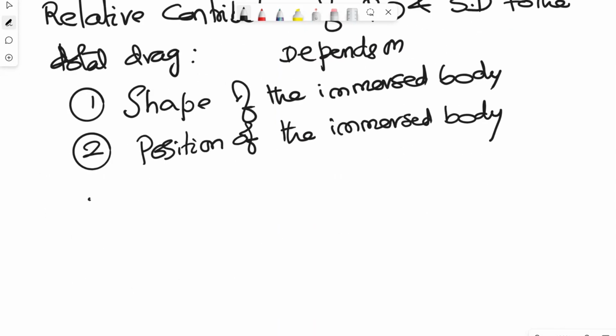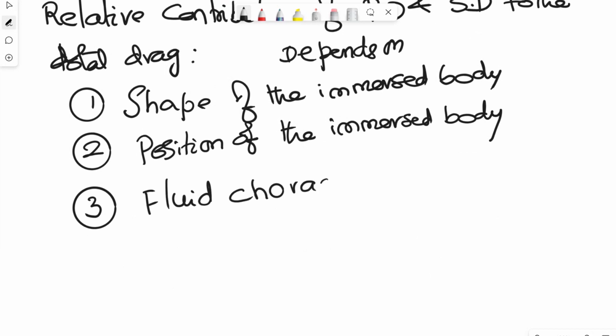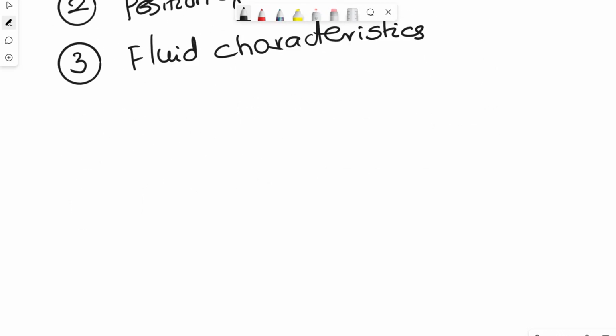And the third one is the fluid characteristics. So these are the things which will define which drag is important, whether pressure drag is more or friction drag is more, or pressure drag is less or shear drag is less. Which one is relatively important? I will show you examples also.